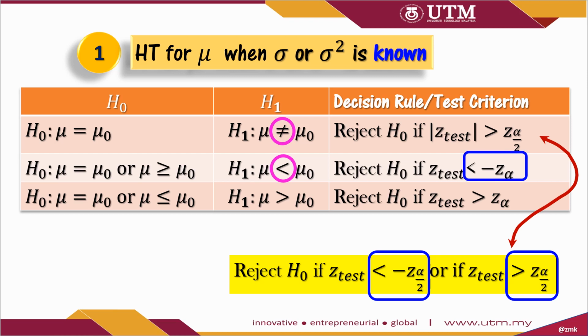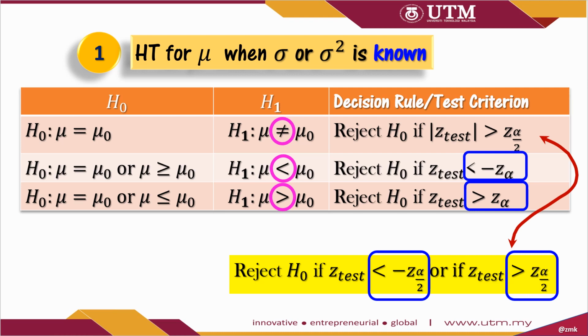And the last choice of hypothesis test is the right-sided alternative hypothesis test where under H1 we have mu is greater than mu naught. The decision rule is then reject H naught if z-test is greater than the right critical value, which is z alpha.